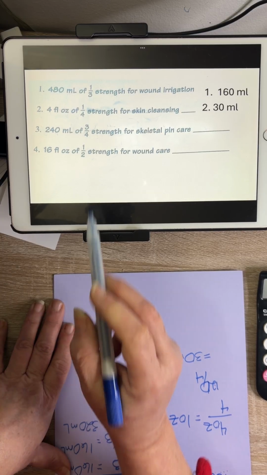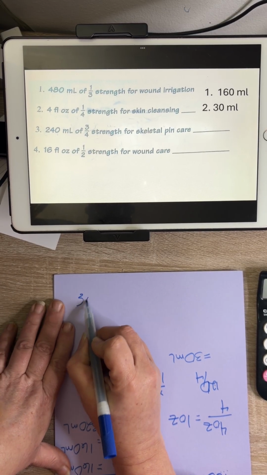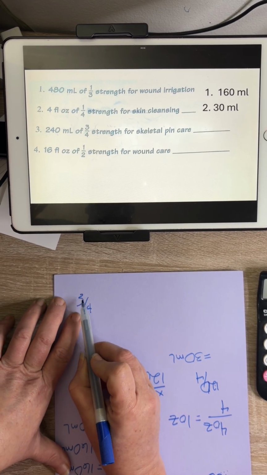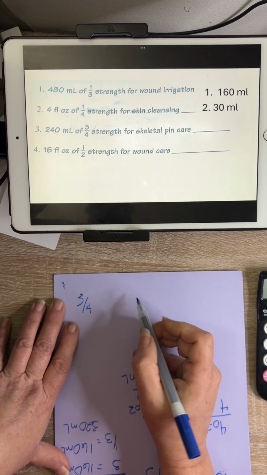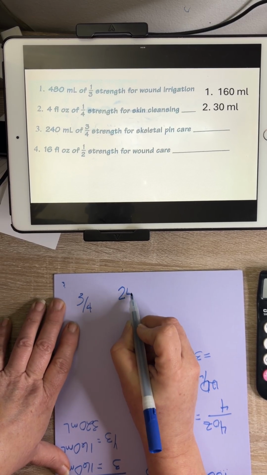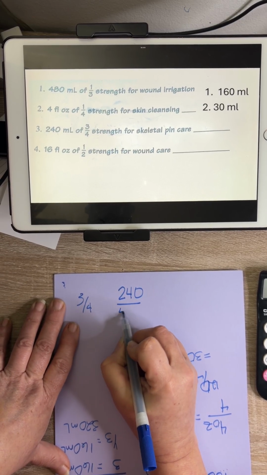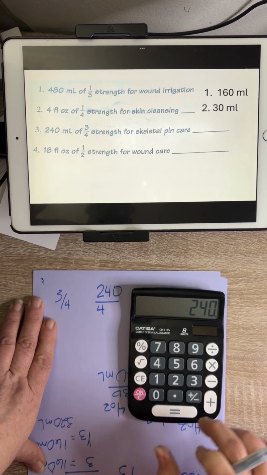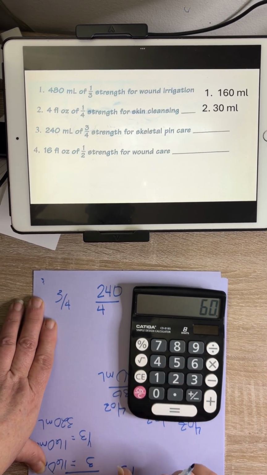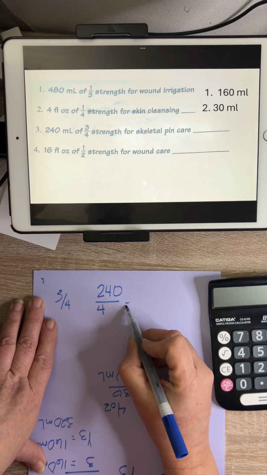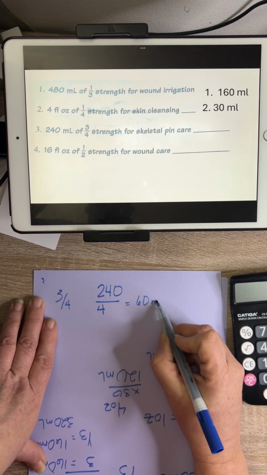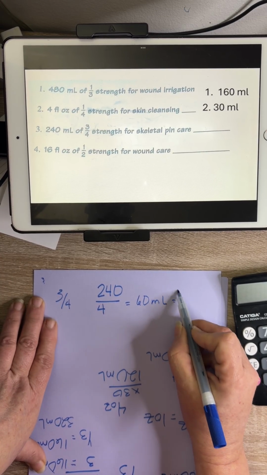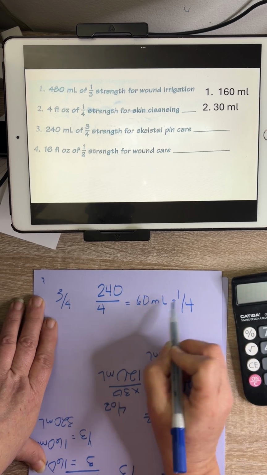So they want 3/4 strength. So look, I'm going to just set the 3 over here for a minute, and I'm going to do 240 over 4. And we're going to divide that, 240 divided by 4. And that's going to equal 60 milliliters, equals 1/4 of it.